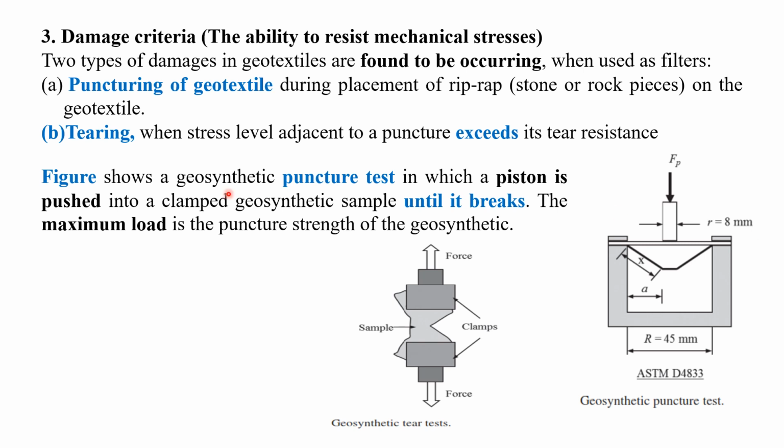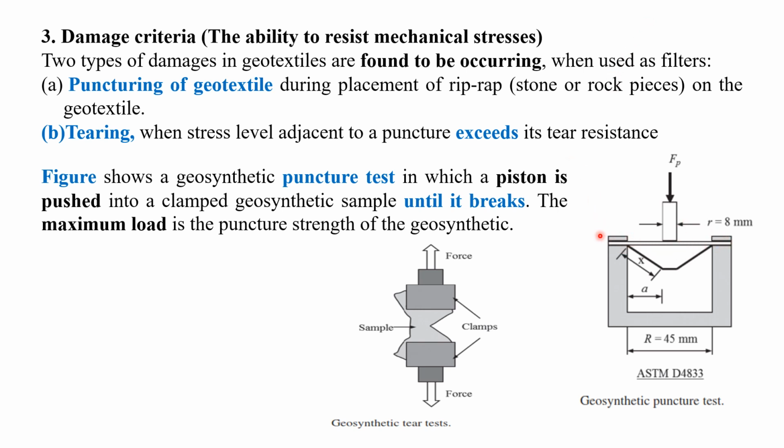The figure shows a geosynthetic puncture test in which a piston is pushed into a clamped geosynthetic sample until it breaks. You can see this figure of the puncture test here.